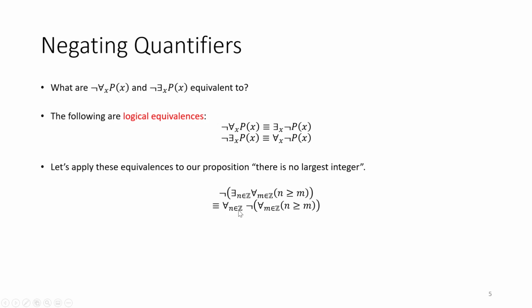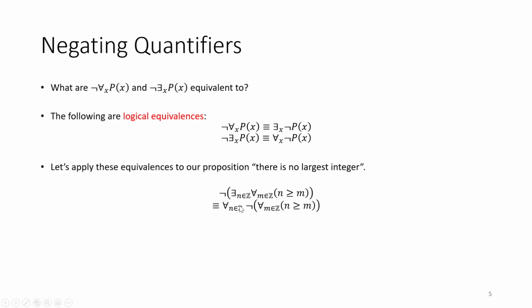All integers are such that it is not the case that they are bigger than all the integers. So this one is still logically equivalent, but it's saying something different. This one was saying it is not the case that there is a largest integer.